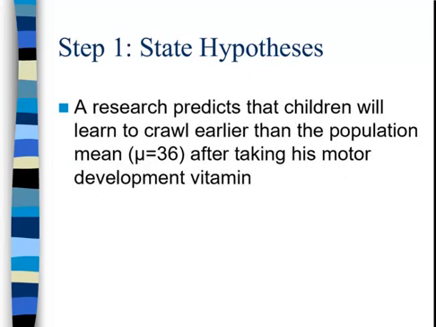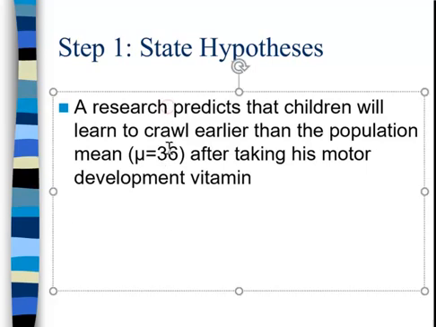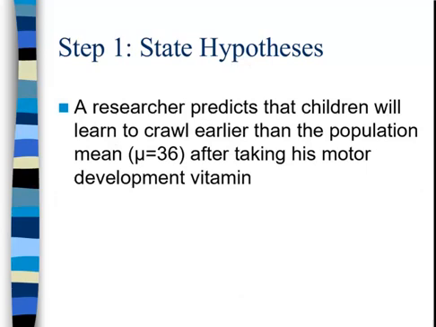So let's just jump right into it. Here's a scenario, and what we want to determine is what type of test this is. A researcher predicts that children will learn to crawl earlier than the population mean after taking his motor development vitamin.